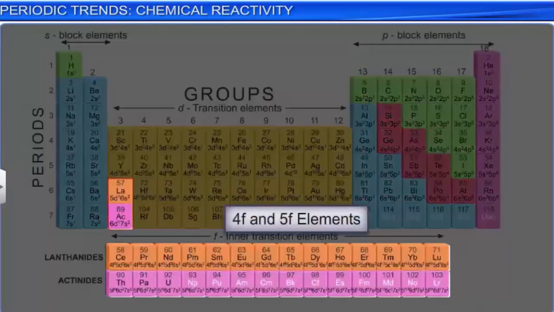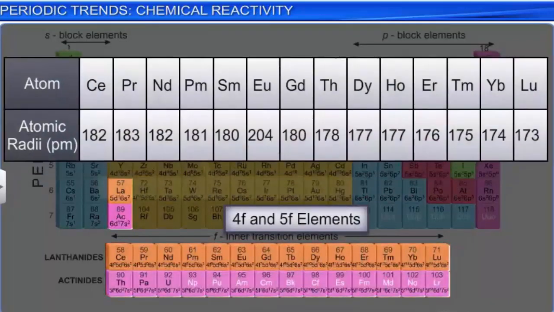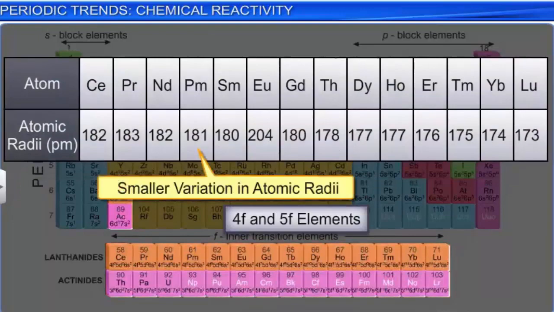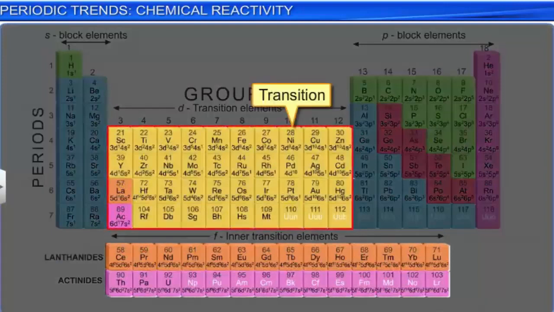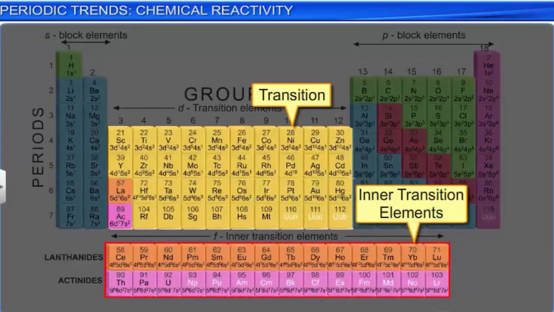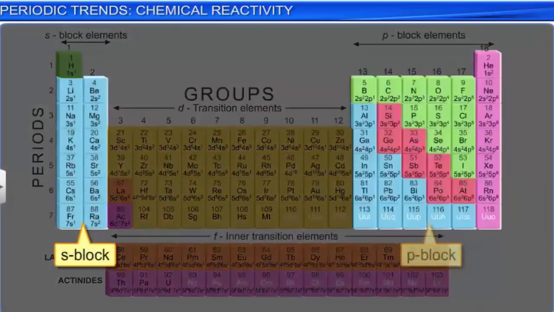The ionization enthalpies of the transition and the inner transition elements are intermediate between those of s and p blocks. As a consequence, they are less electropositive than group 1 and 2 metals.